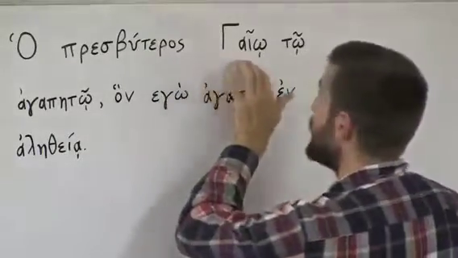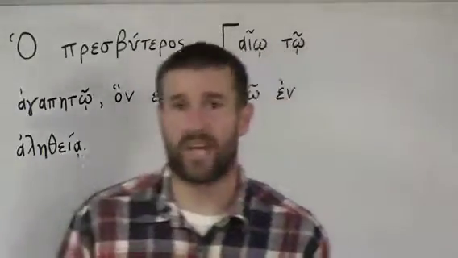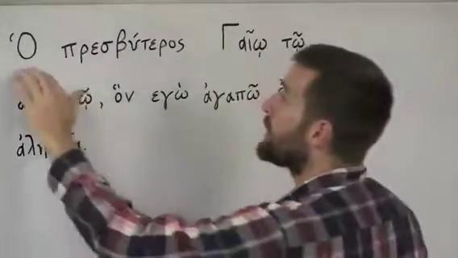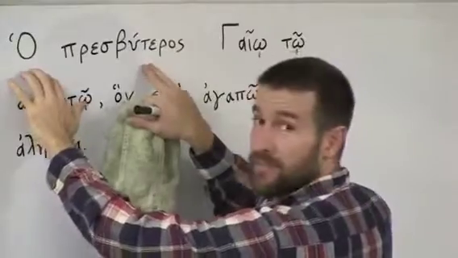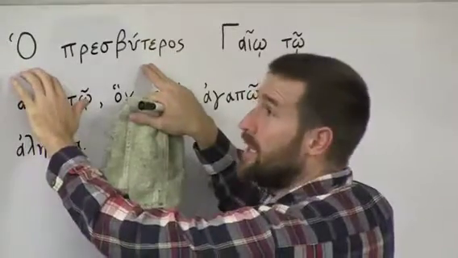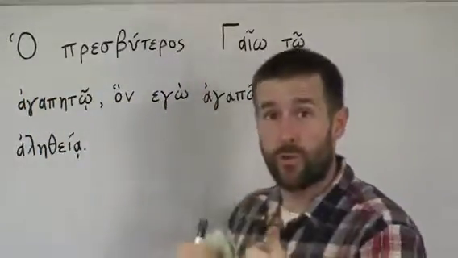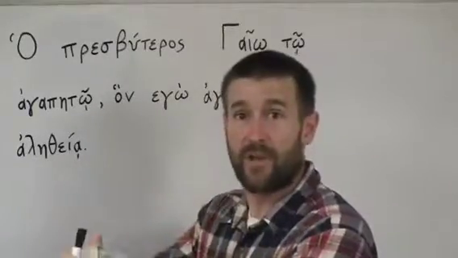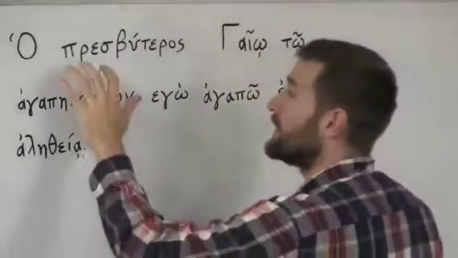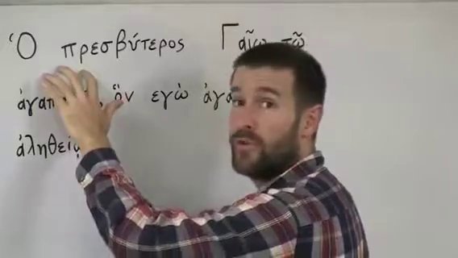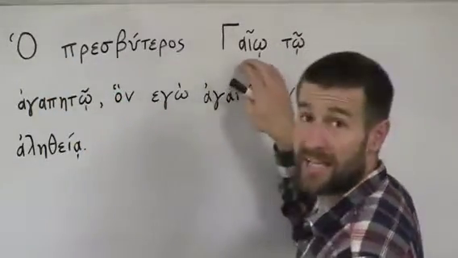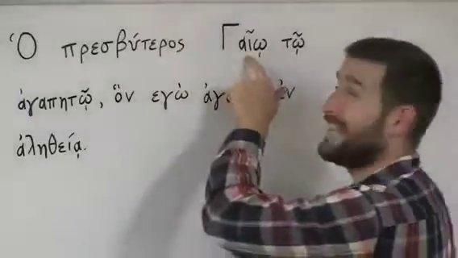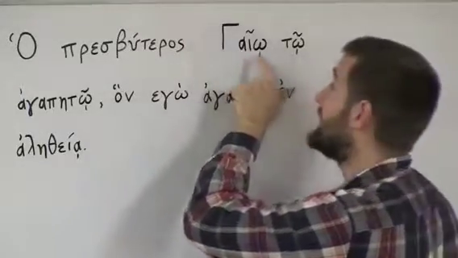But this name Gaio, that's who he's writing to, Gaius, okay? He's saying, "O presbyteros," that's in the nominative case. This is the subject. This is the one who's doing the action. Because it's the elder unto the well-beloved Gaius, whom I love in the truth. So, the letter is being written by John, who is calling himself the elder, and it's being written unto Gaius, which is why this word, Gaio, is in the dative case.